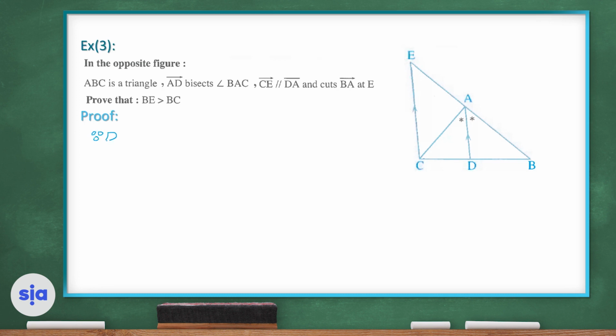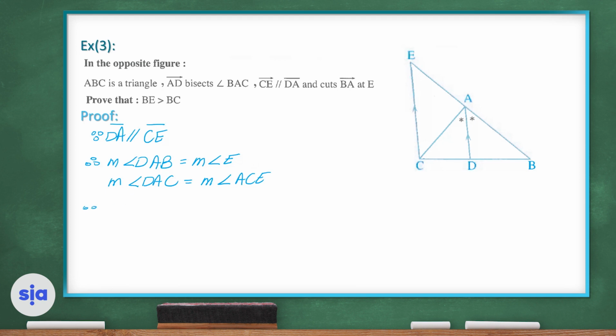Since DA is parallel to CE, therefore the measure of angle DAB is equal to the measure of angle E. And also, the measure of angle DAC is equal to the measure of angle ACE.